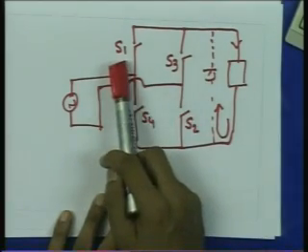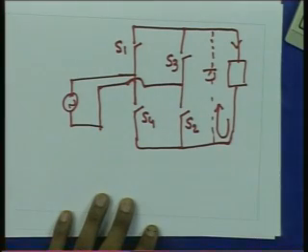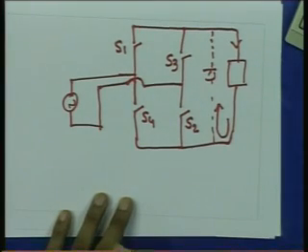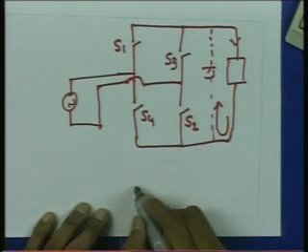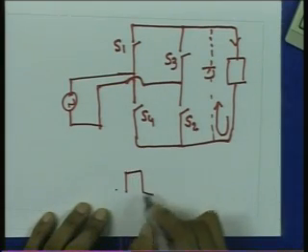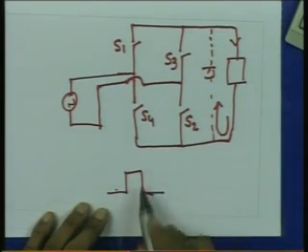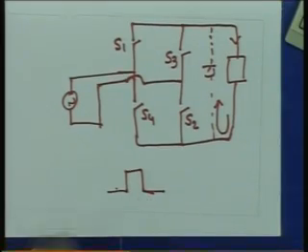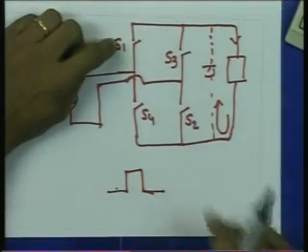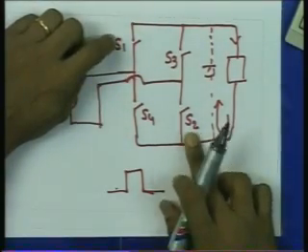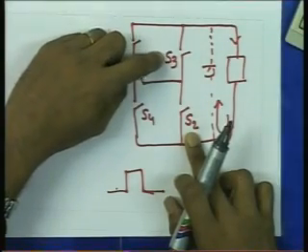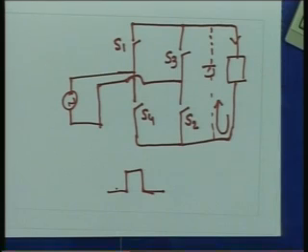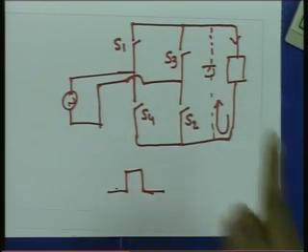I will open S1 and close S3. In this instant, when the device is to be turned off, I will open only S1, keep S2 closed, and while opening S1, close S3. So current will freewheel through S2 and S3.